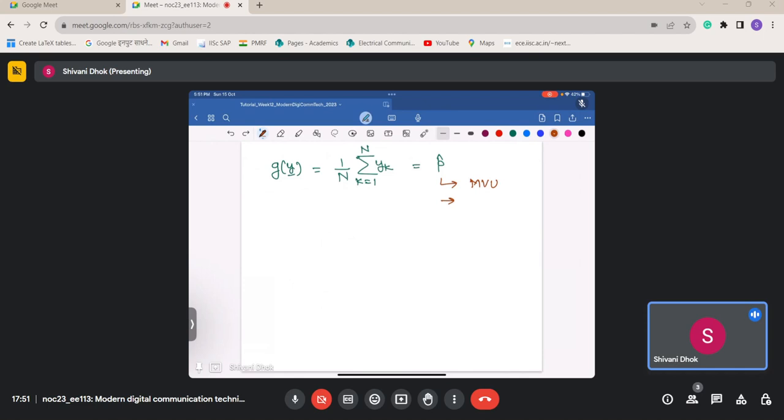It will have its error covariance as 1 upon IP, which is simply equal to p into (1 minus p) upon n, and since it achieves the Cramer Rao bound, this will be your efficient estimate. This is your MVU estimate of p, which is found using your CRLB theorem.